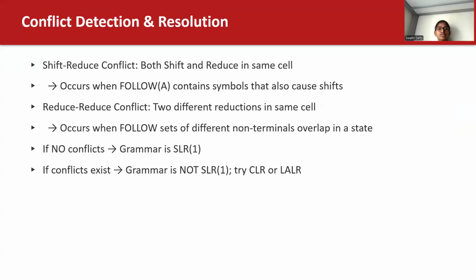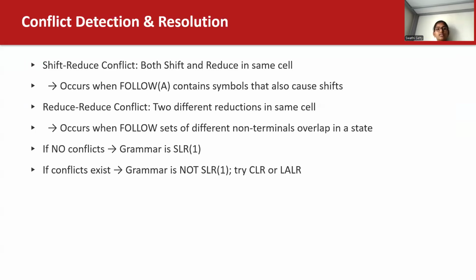Conflict detection and resolution. Shift-reduce conflict. As I said in the starting, if we don't have any conflicts in the final table, then only it is said to be SLR(1) grammar. So, if we have a conflict, what are the conflicts we can expect?